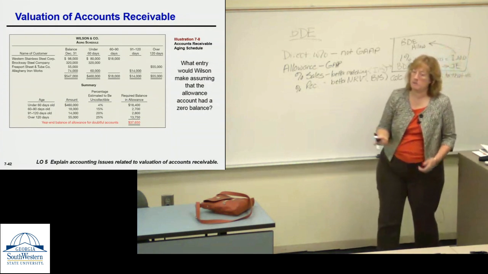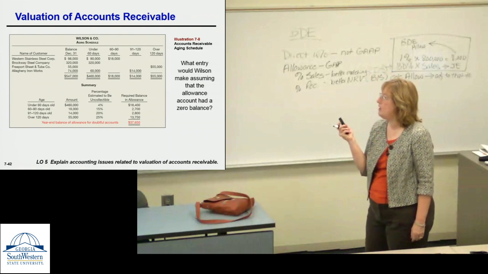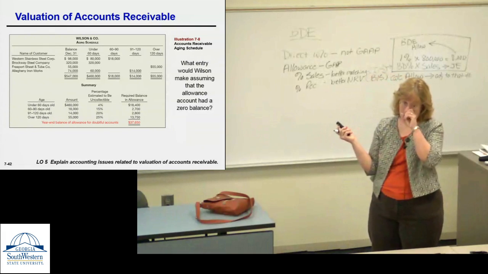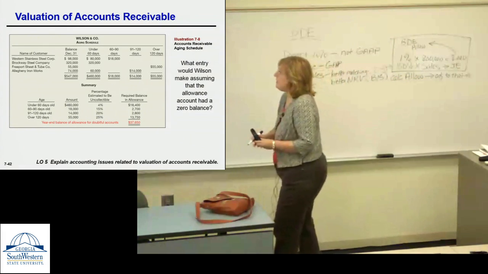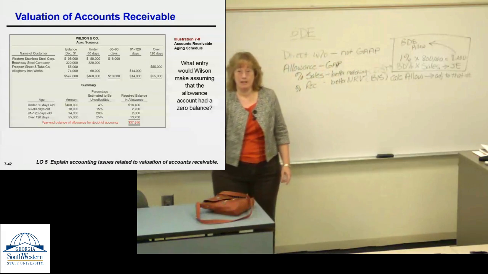Let's see what I mean by that. We've calculated that the allowance for bad debt should be $37,650. So this is our balance. We say that this should be our balance at year end.